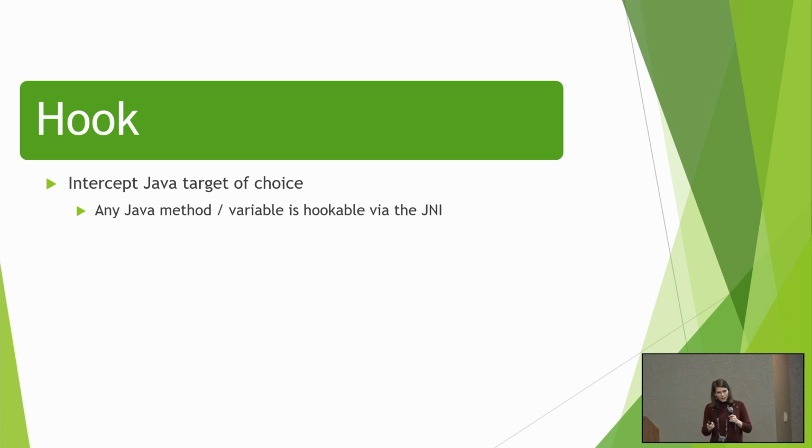So once we've picked our target after like 20 hours of going through the Android source code, which luckily you won't have to do today, we will use the JNI, that bridge between native and managed code, in order to hook, get a handle, or a reference to that particular Java method while it's running.